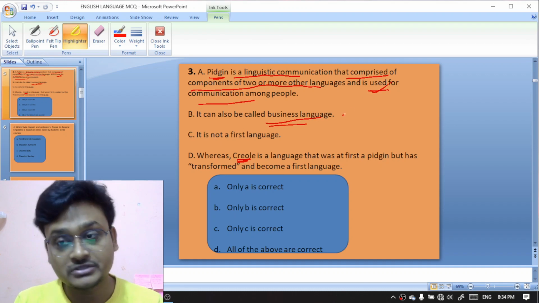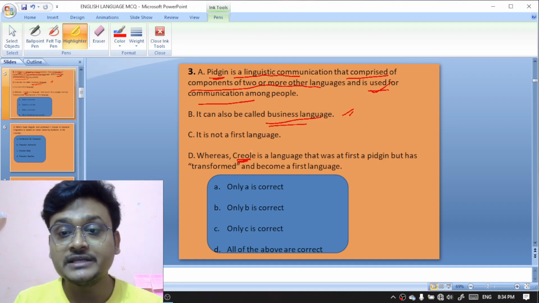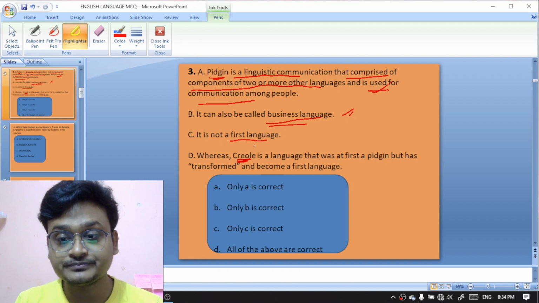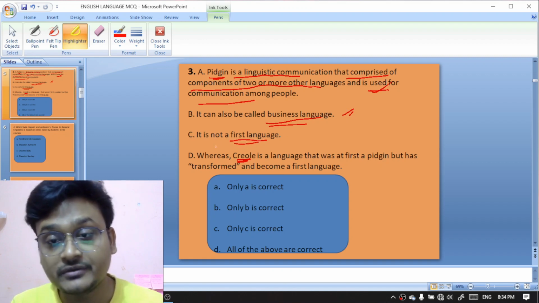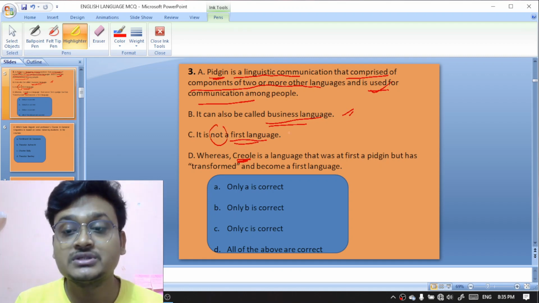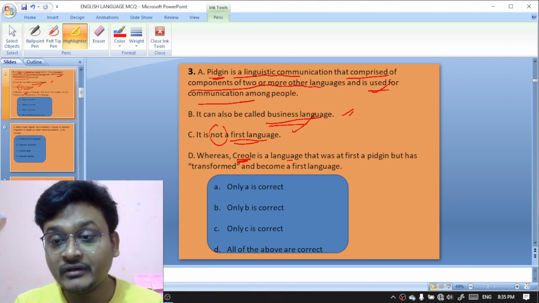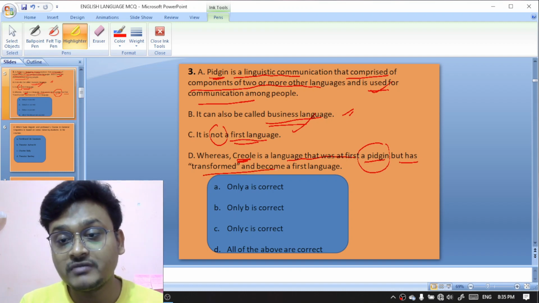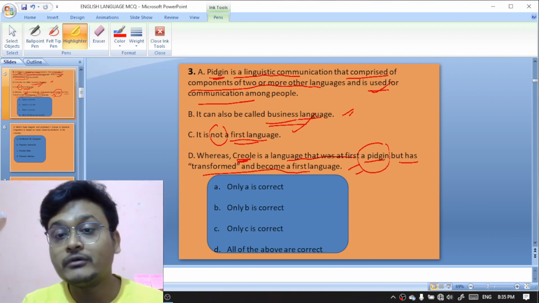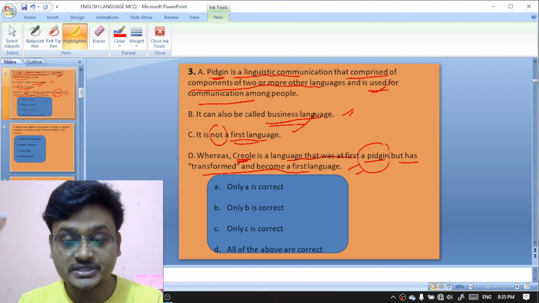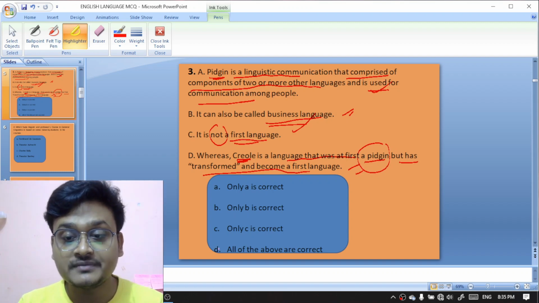For the purpose of business it is used, and it is not a first language. It is true, it is not a first language. Whereas Creole is a language that was first a pidgin. So Creole was first a pidgin but has transformed and become a first language. So here all the above statements are true.